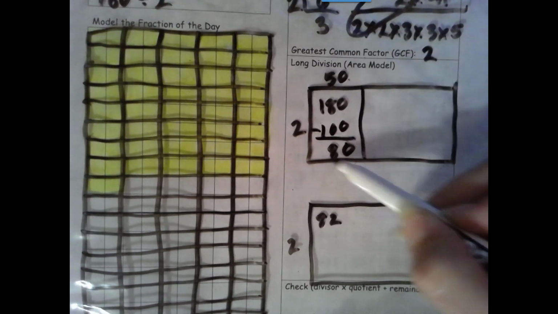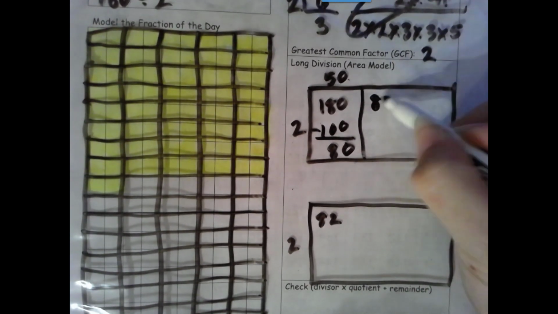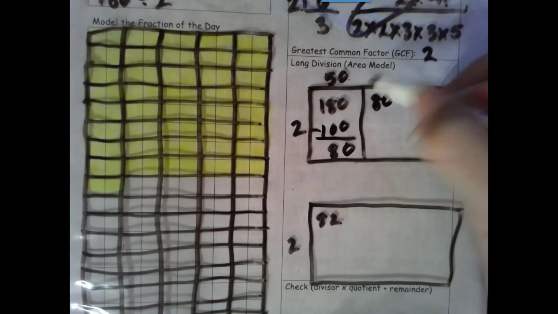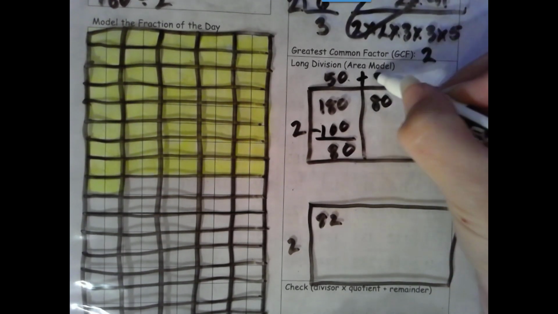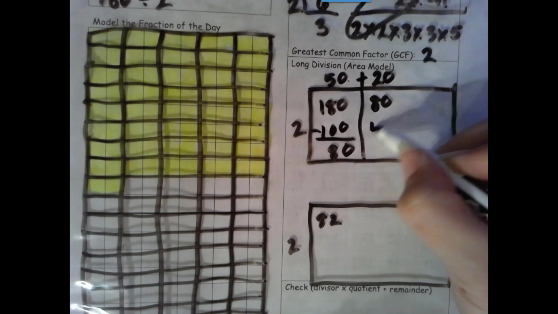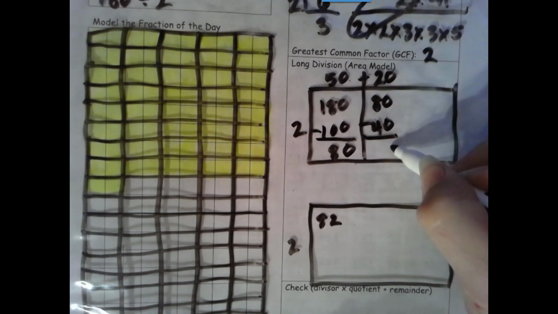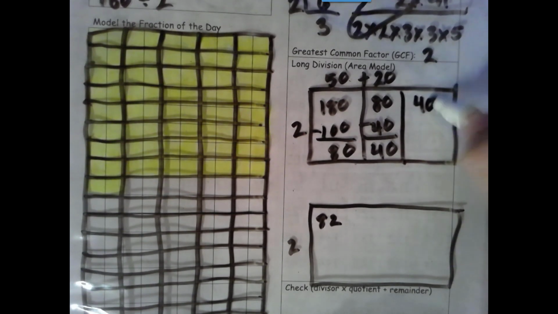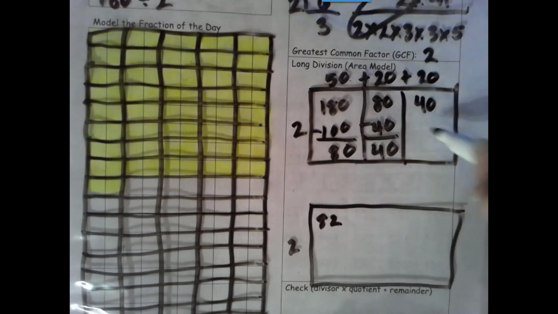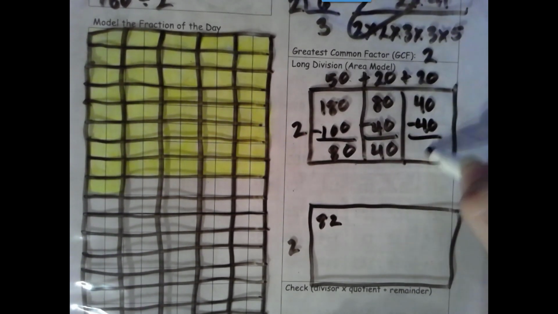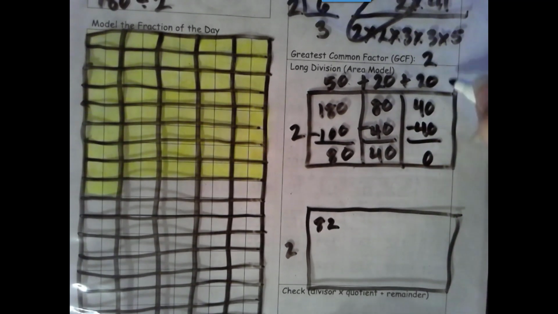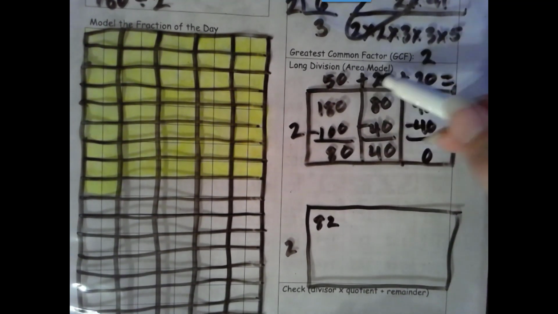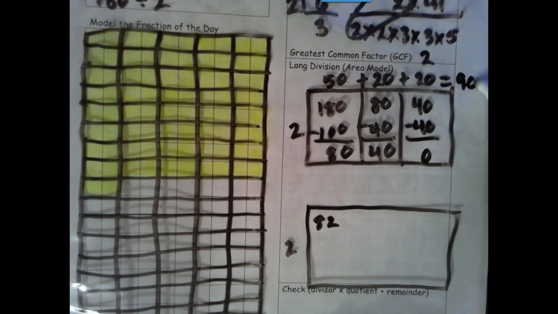Bring 80 up here. And let's see, 20 times 2 is 40. Numbers the same, zeros a game. More on top, no need to stop. And then 20 times 2 is 40. Numbers the same, zeros a game. Add these together, 50, 60, 70, 80, 90.